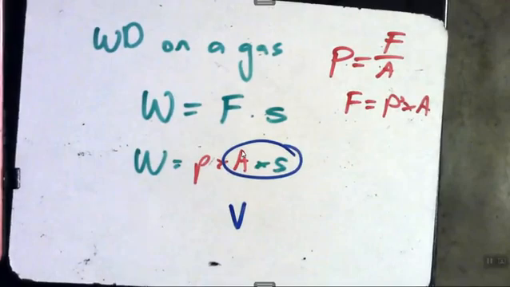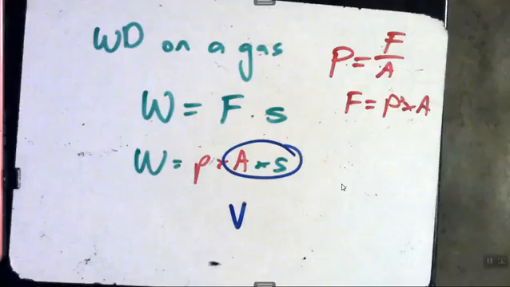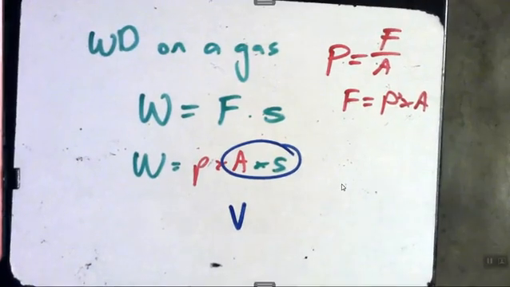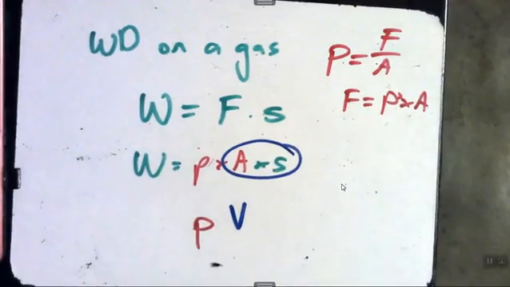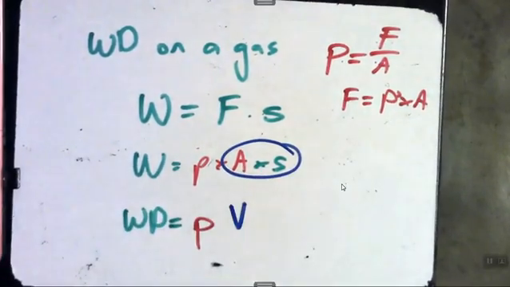If we look at that graph again, s is the distance, so the area times the distance gives me the volume of gas that is being pushed or displaced. Therefore we've got volume and pressure is equal to the work done on a gas.